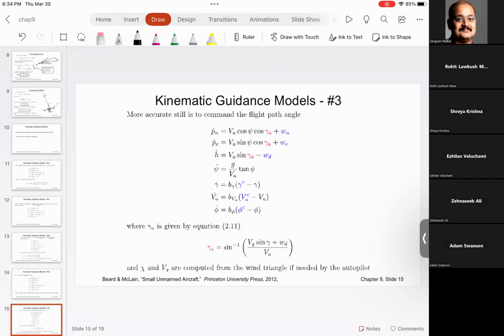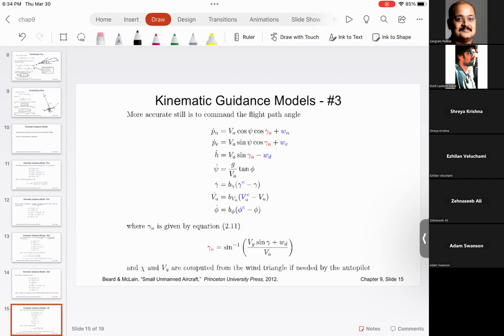So you have this flight path angle, gamma, that you can implement, and that gives you a little bit more accurate model. Which model you choose is up to you. My recommendation is to start with the very first one because it's easier, it works, and it can be implemented for a large class of aircraft.